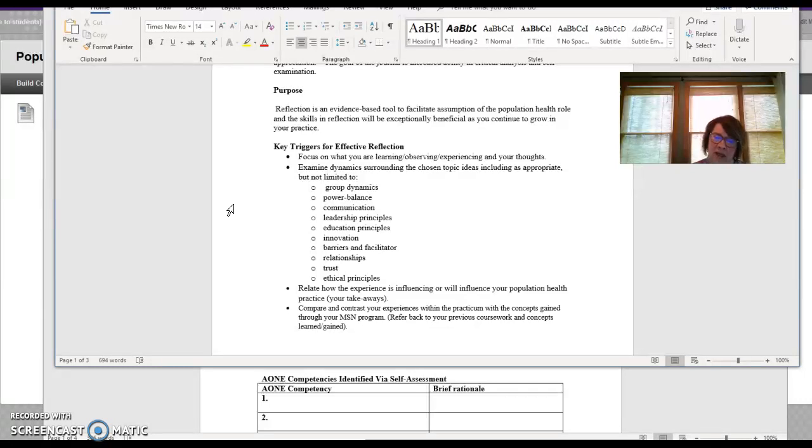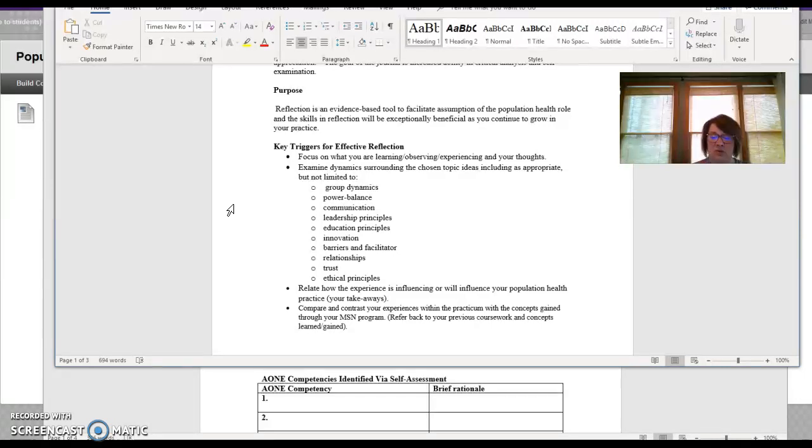When you're thinking about what's going on in your practicum, look at the complexity of the experience: group dynamics, power balance, communication, leadership principles, education principles, all of those key components as they're melded together in the experience you're having.